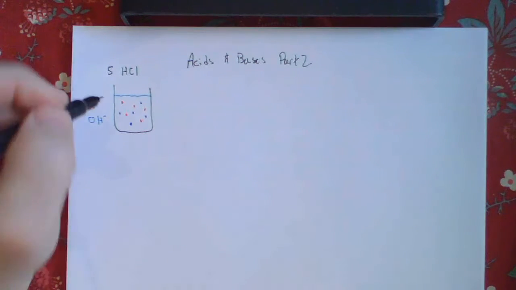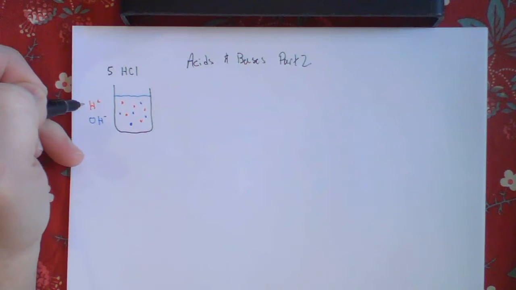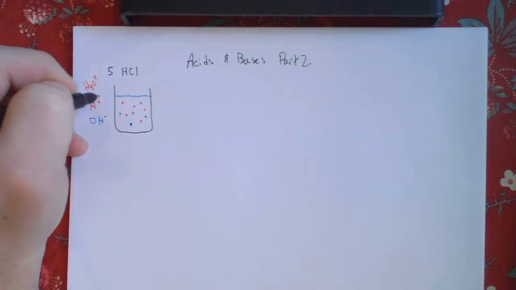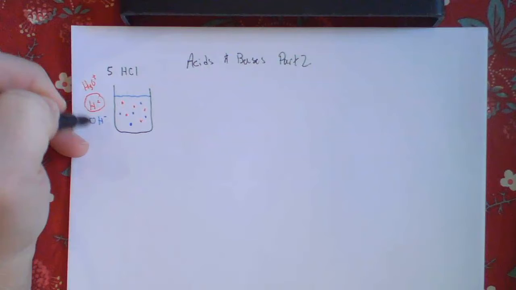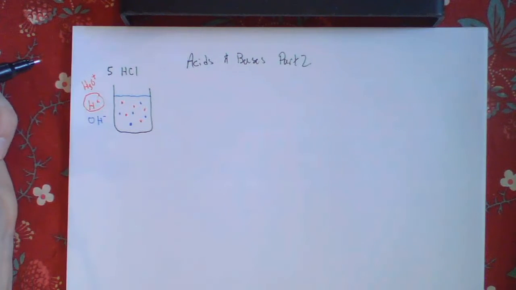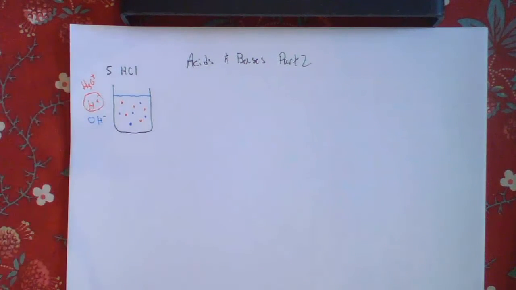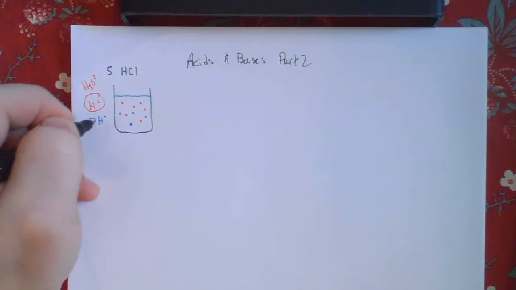And remember that they're not really hydrogens floating around, they're really hydroniums, the H3O+, but I like to just write it as hydrogens because it shows that I have those 2 different ions present.